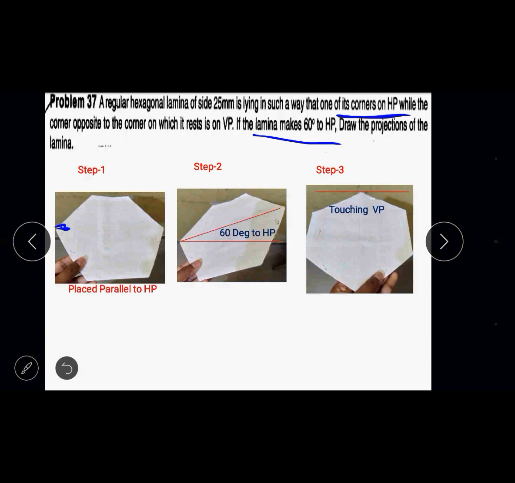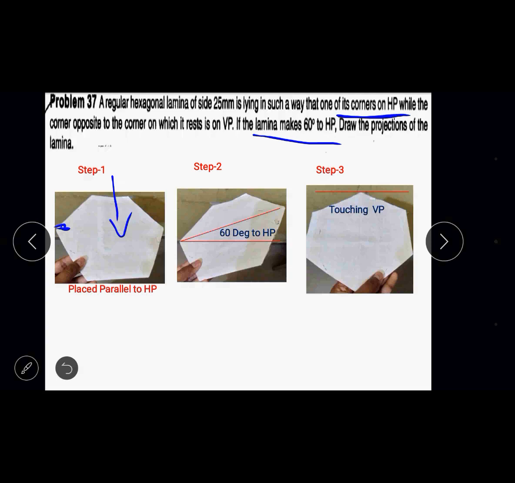If you look from the top, the top view of the hexagonal lamina will be a regular hexagon. In the forward direction, on your opposite wall, you will get a horizontal line. The front view of the lamina will be a horizontal line.